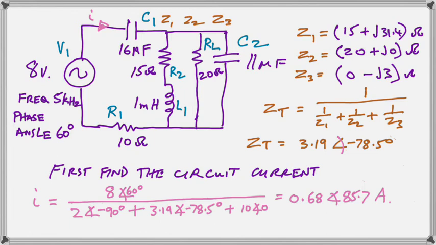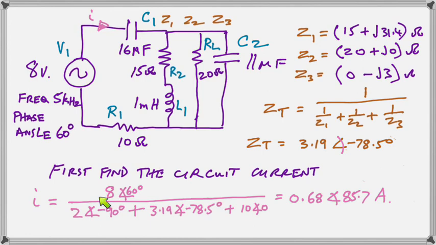And then you want to find the total circuit current. So what have we got? Well, we've got V over Z to get I. We have, in fact, the voltage here over the sum of all the impedances around the series circuit.